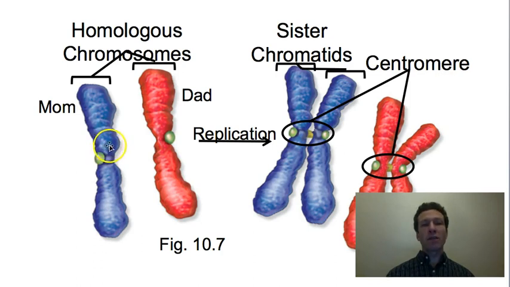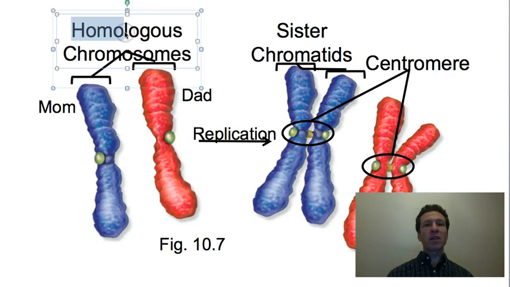And if there's a gene for a neurotransmitter right here on mom's chromosome, there's also a gene for a neurotransmitter right here on dad's chromosome. And if there's a gene for eye color right here on mom's, then there's also a gene for eye color right here on dad's. These chromosomes, in that sense, are the same.